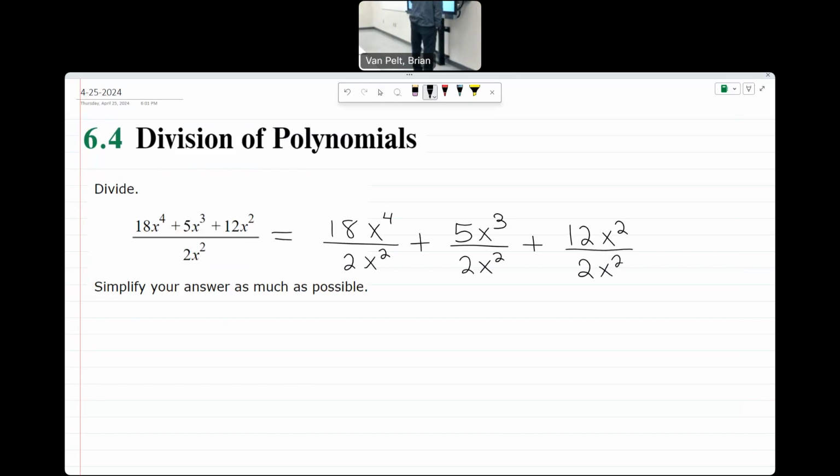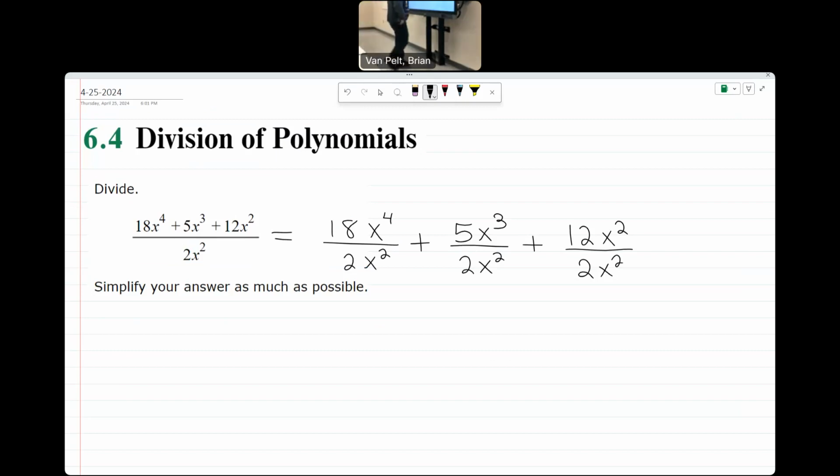I'll stop there. You guys agree that I can do that? That's the definition of adding fractions, right? They all have the same denominator. Now, each individual component here is possibly able to be simplified.